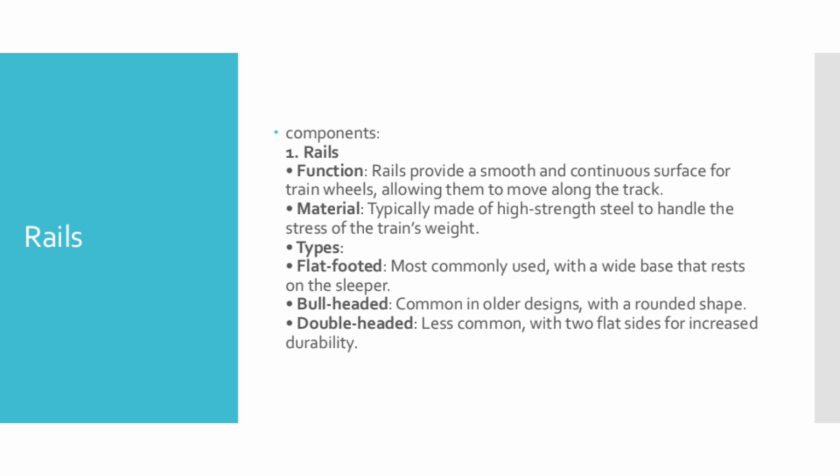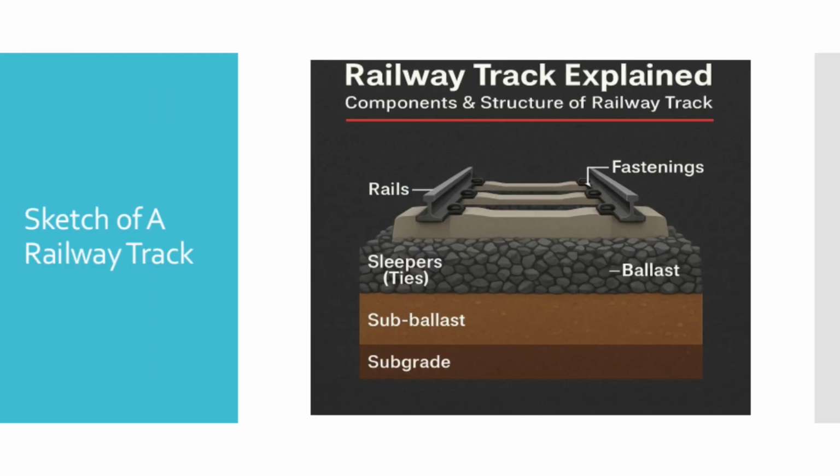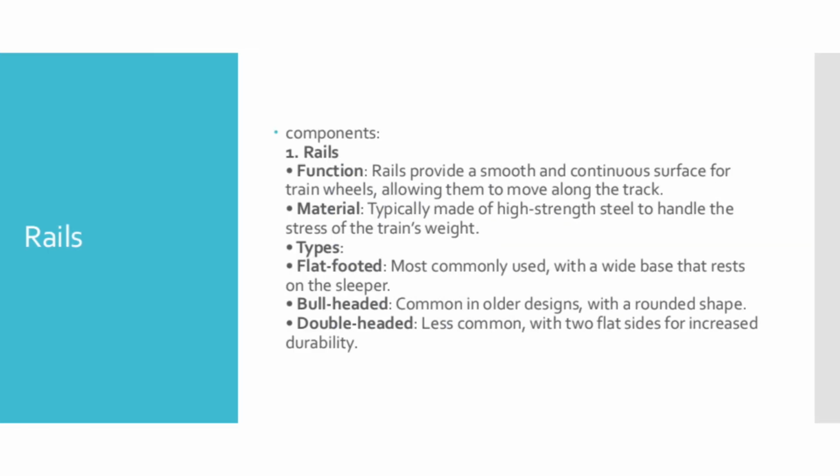Now, the rails provide a smooth and continuous surface for train wheels, allowing them to move along the track. They offer a smooth surface, friends, and also a continuous surface on which the train wheels will rotate. Also, they can rotate on these rails without getting disturbed, and the rails also give them the direction in which they have to move, right? So this is the function of the rails.